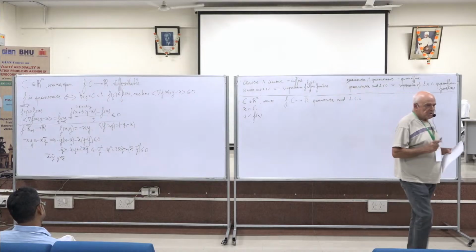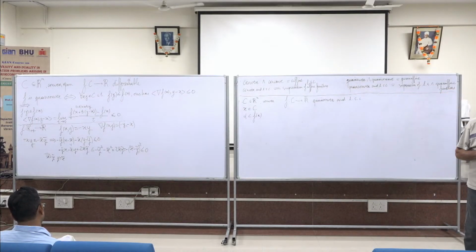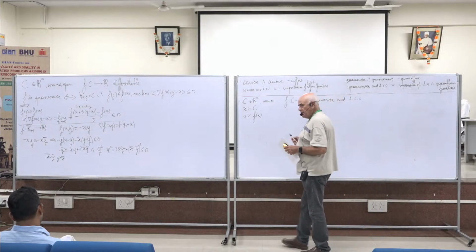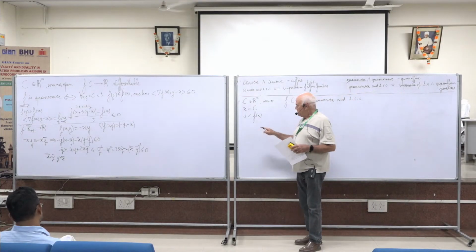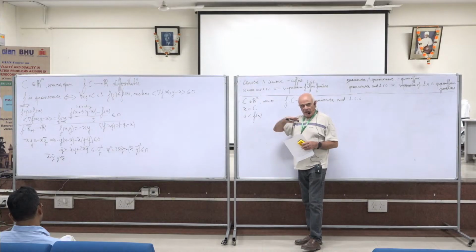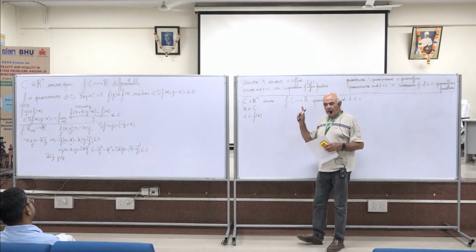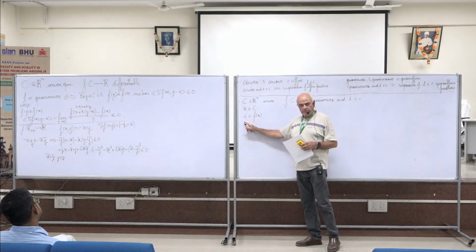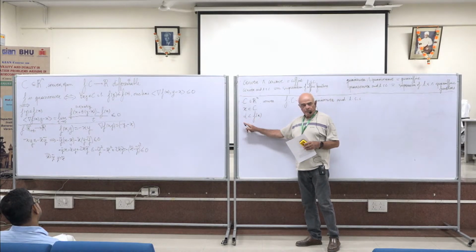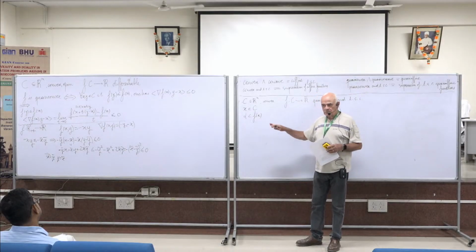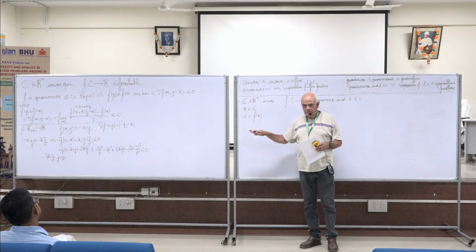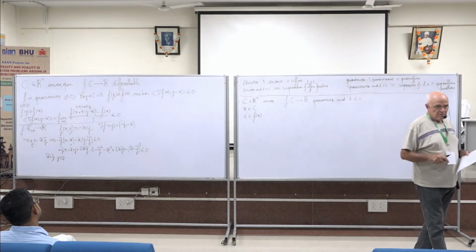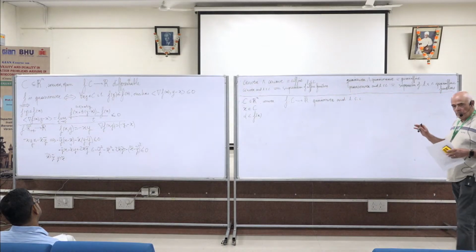So the strategy will be to define a lower semi-continuous quasi-affine function which is less than or equal to f everywhere and which at this point will take the value alpha. Do you agree that this will prove the statement? Insist at the end if you don't see it clearly. But for the moment, let us do that.